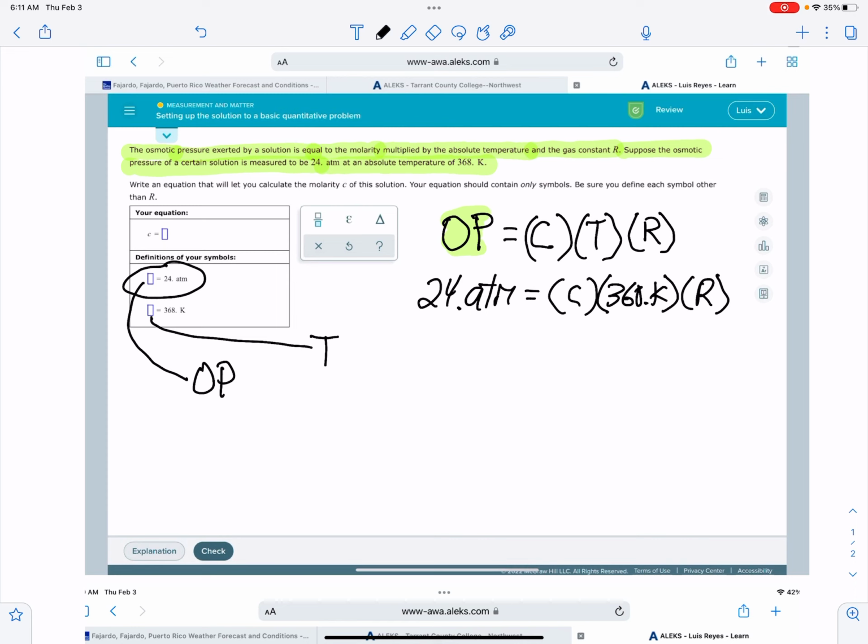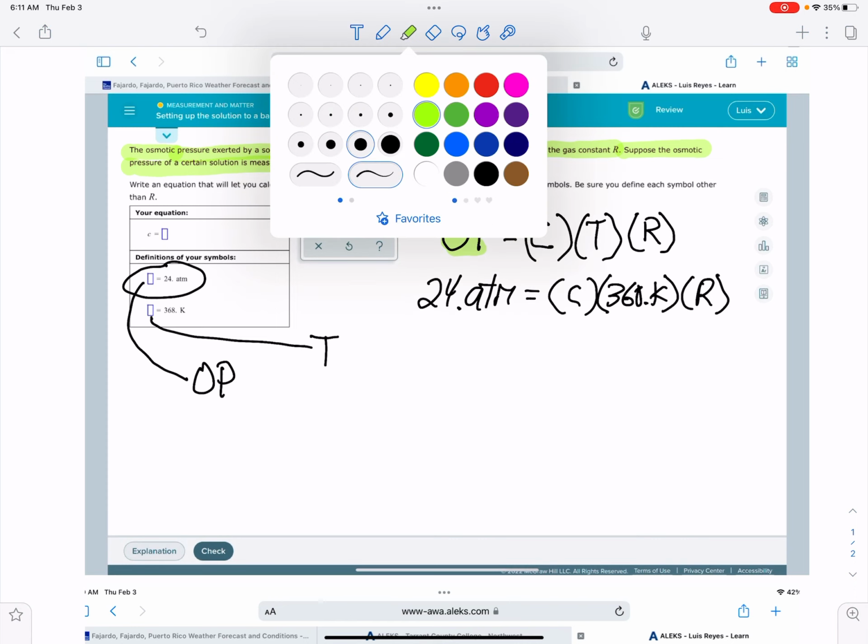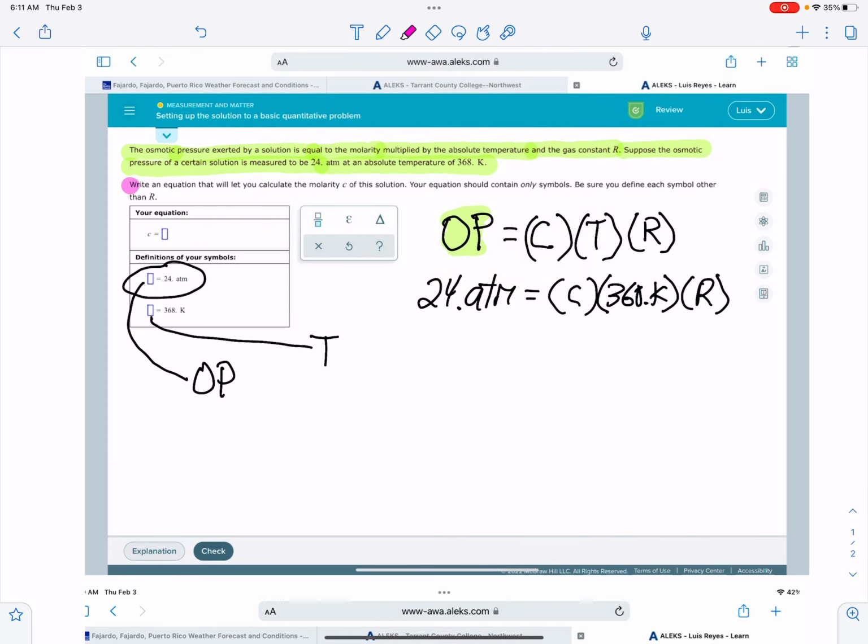So what is the question? The question is, write an equation that will let you calculate the molarity C. So it's asking us to calculate C, or an equation that will allow us to do that. Basically, it's asking us to solve for C, to leave C alone. Your equation should only contain symbols.